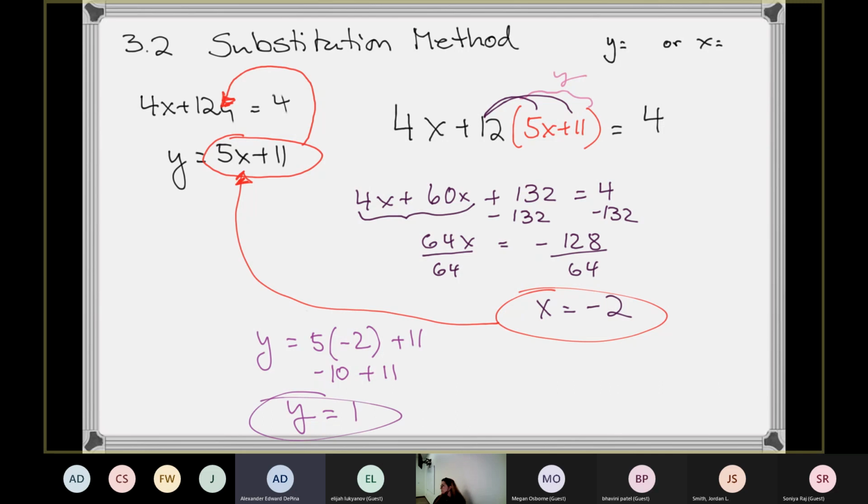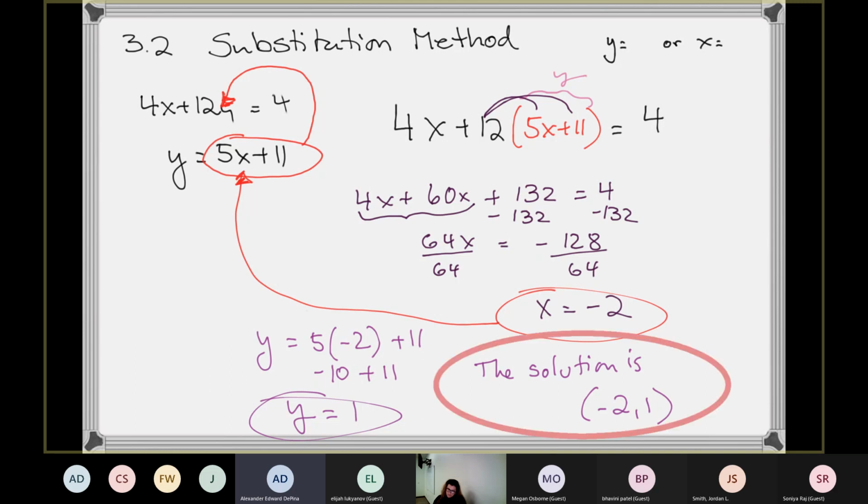And to make it look pretty, we write the solution as an ordered pair. The solution is negative 2 comma 1. Done you are, off you go. Not yet.